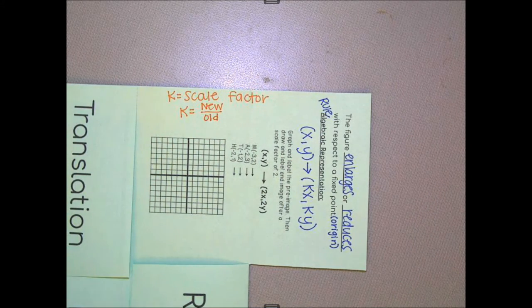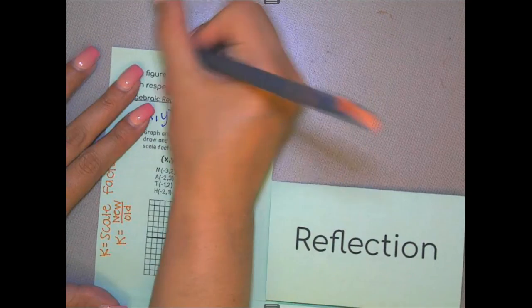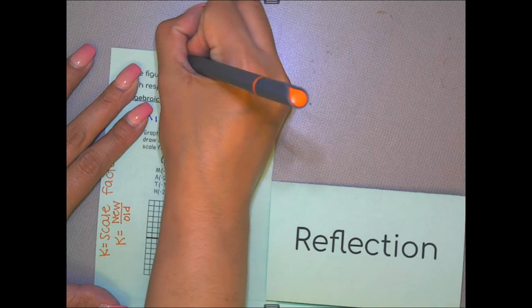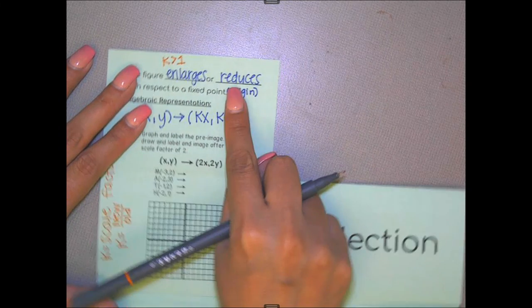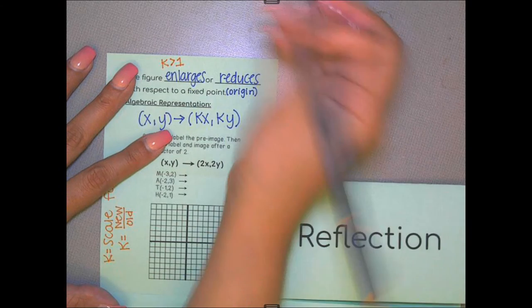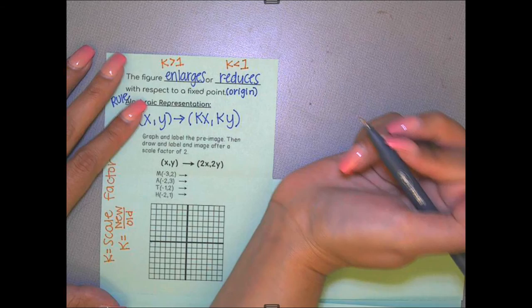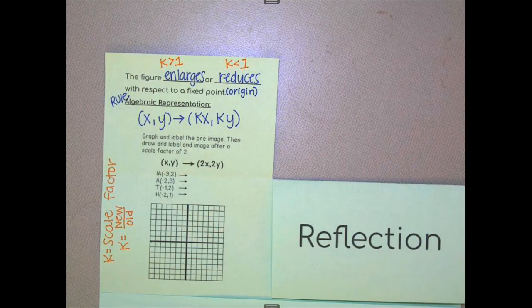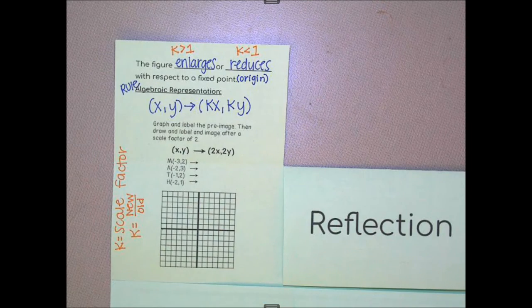One more helpful tip is that when it enlarges, my scale factor is greater than 1, and when it reduces, my scale factor is less than 1. Knowing that helps because when I look at my rule, it tells me if my shape should be getting bigger or smaller.